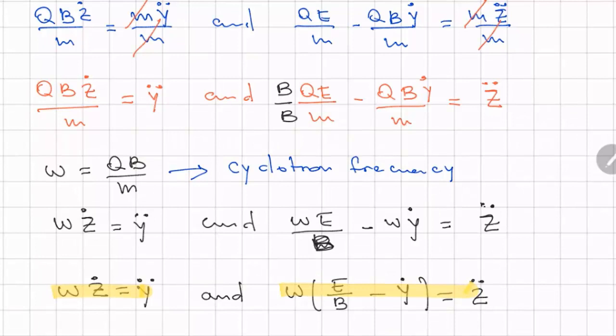This is the frequency at which the particle moves or revolves. It moves in a circular path when there is no presence of any electric field. So this is defined as cyclotron frequency.